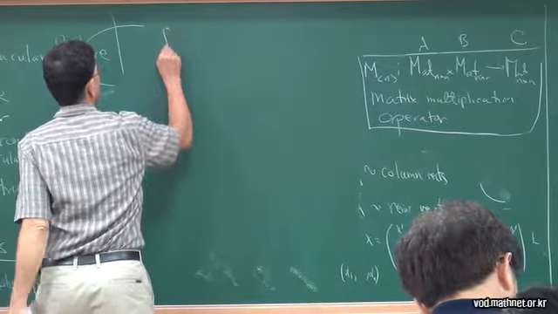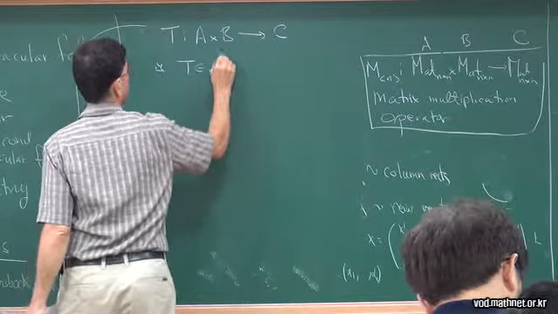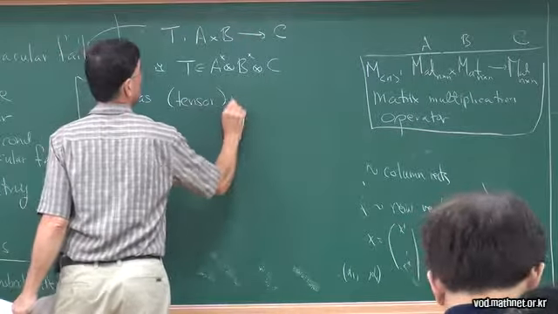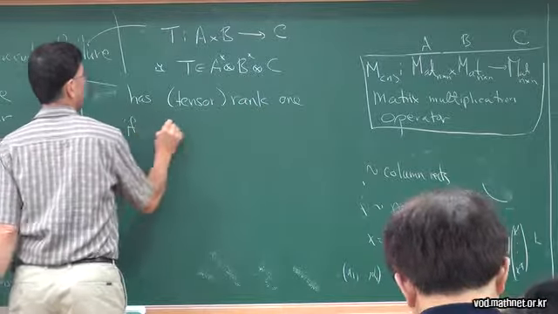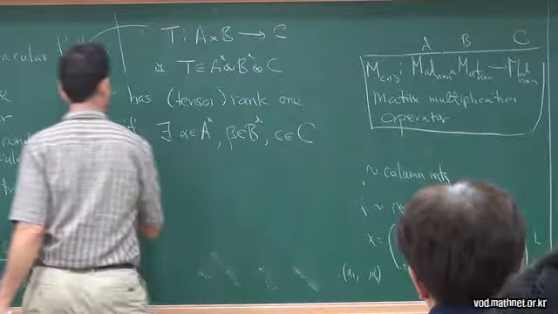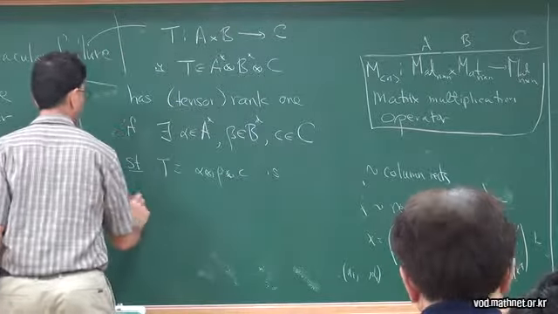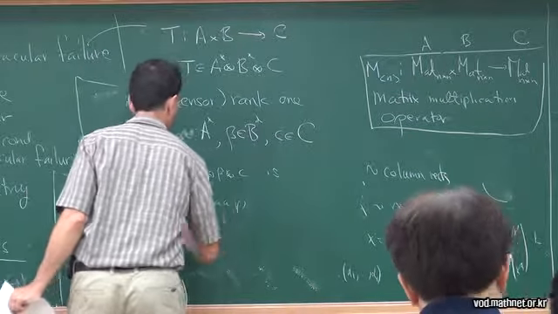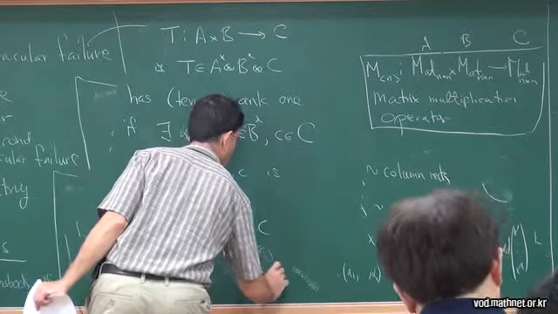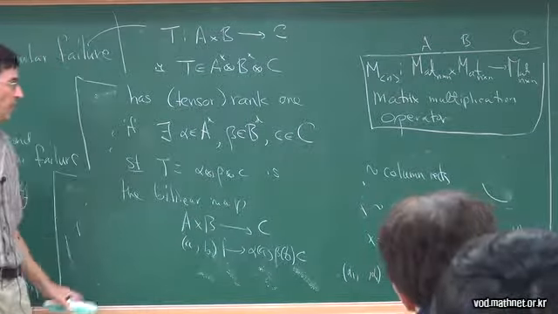We'll say T from A cross B to C, i.e. T in A star tensor B star tensor C, has tensor rank 1 if there exists alpha in A star, beta in B star, C in C, such that T is equal to alpha tensor beta tensor C, the bilinear map A cross B to C, where little a comma little b gets mapped to alpha evaluated on little a, beta evaluated on little b, and this gets multiplied by the vector C. In particular, its image is one-dimensional.